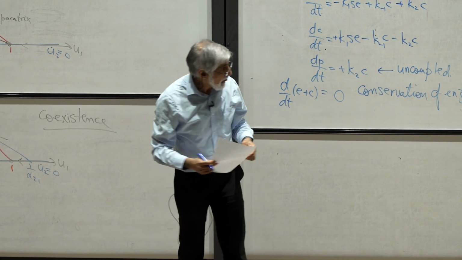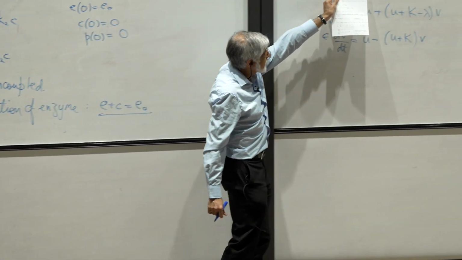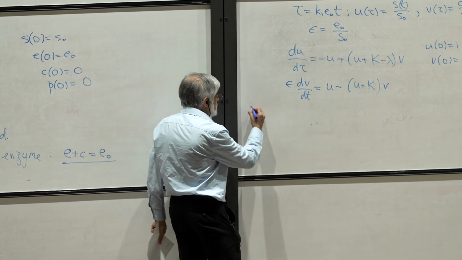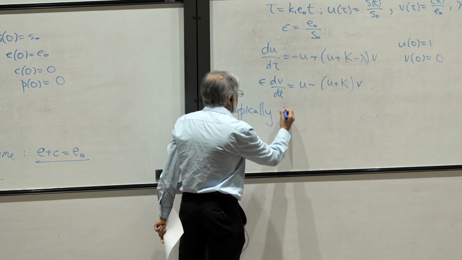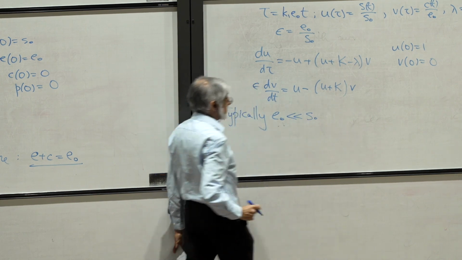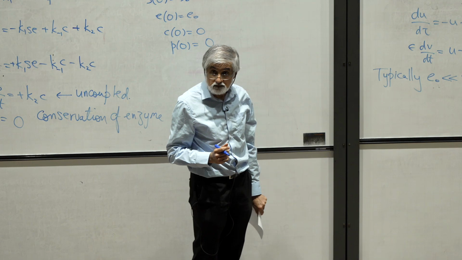Okay? Now, why did they do this to get E naught over S naught? It's because typically E naught is very much less than S naught. So epsilon is very small.